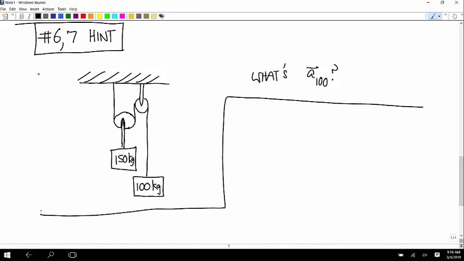If you have something really big you want to lift, you rig up a system like this, and you can do it with a lot more pulleys and get a bigger effect than we're going to get here.